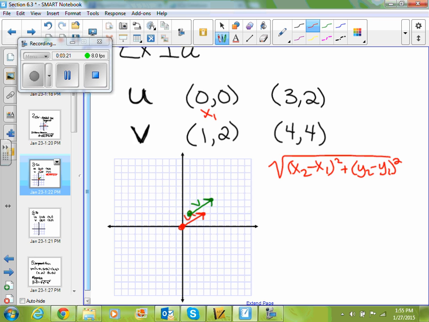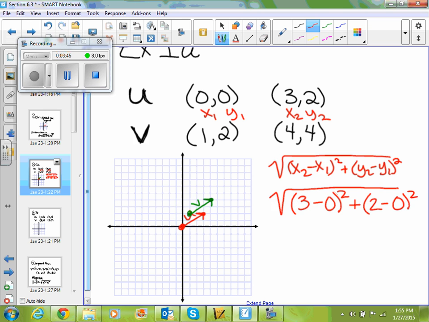If we let our first point be x1, y1, and second point be x2, y2, then for u, I end up with the square root of x2, which is 3, minus x1, which is 0, squared, plus my y2, which is 2, minus my y1, which is 0, squared. So 3 minus 0 is 3. 3 squared is 9. 2 minus 0 is 2. 2 squared is 4. And 9 plus 4 is 13. So u has a length of the square root of 13.